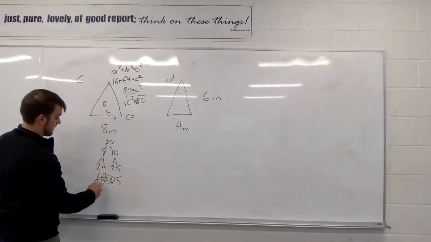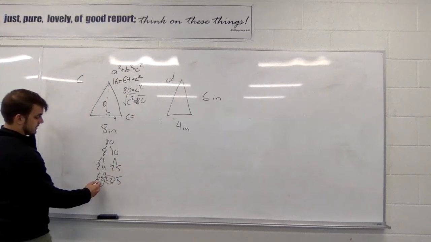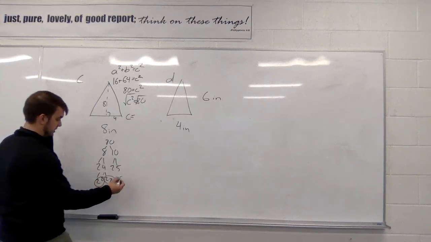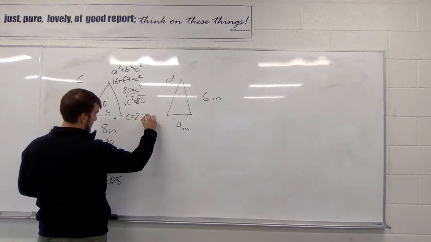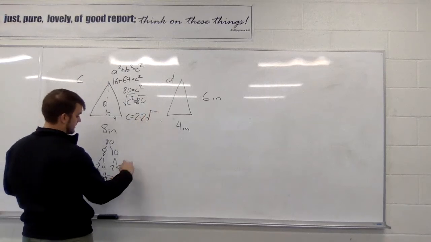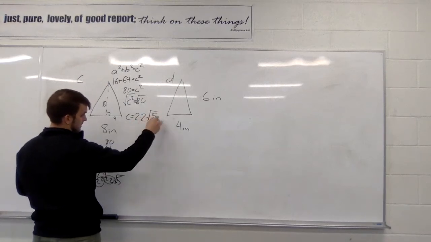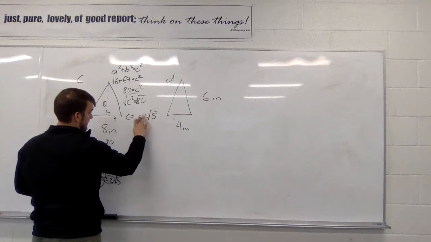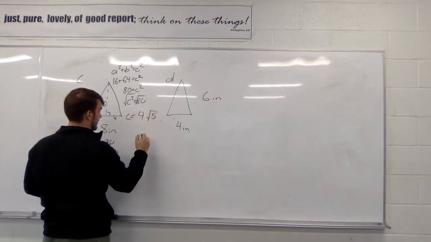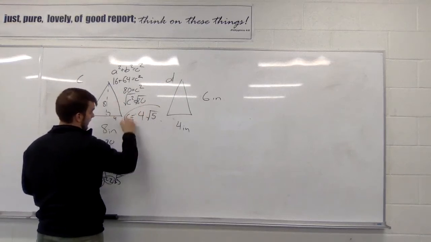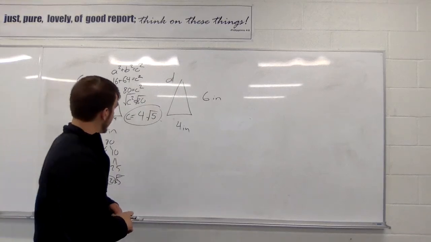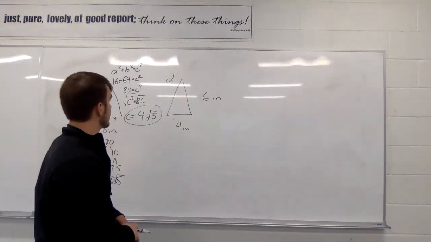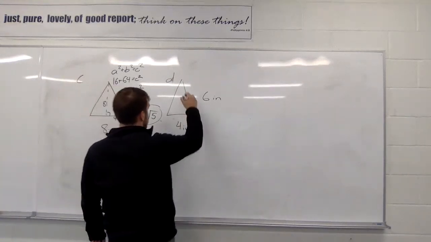So here's a group of 2, pull 2 times 2 is 4, so the square root of 4 is 2. Square root of 4 is 2, and what's left inside is 5. So 2 times the square root of 5, which this cancels out to 4. The slant height is 4 times the square root of 5 for that one. That's for C. Then for this one, same deal.